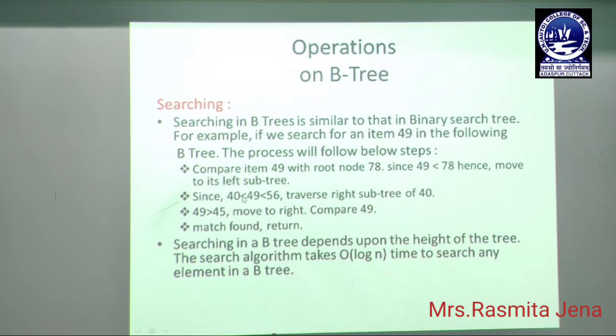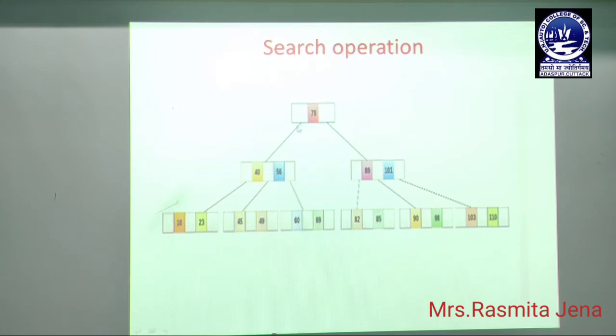When we go to the left subtree, we have two nodes, that is 40 and 56. Again we compare 49 with these two nodes. 49 lies in between 40 and 56, so 49 may be present in this node.